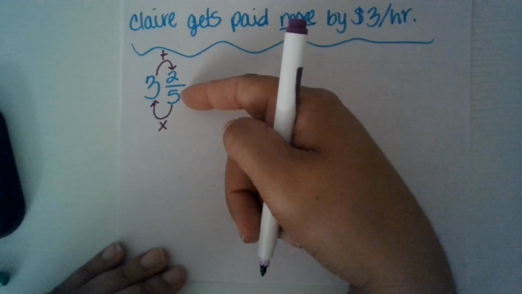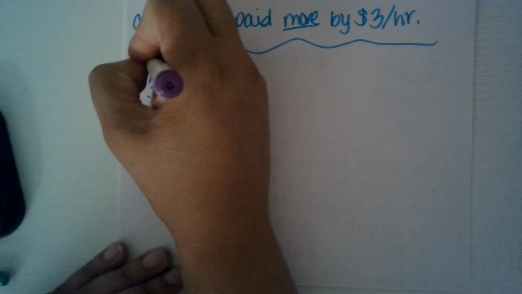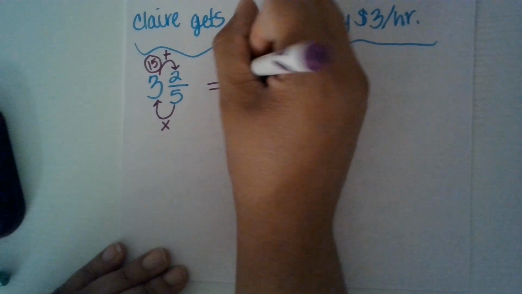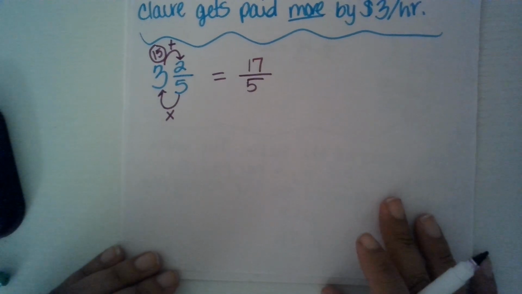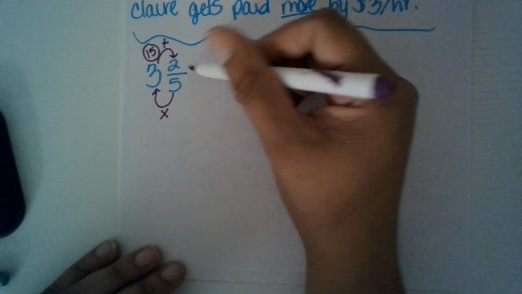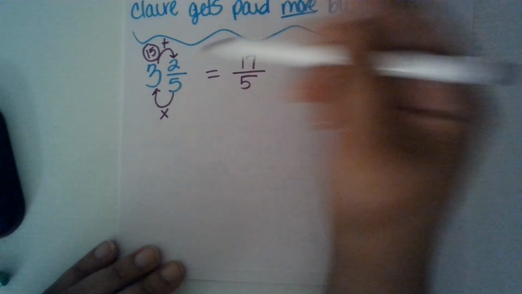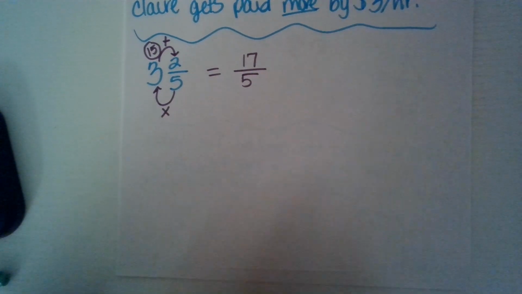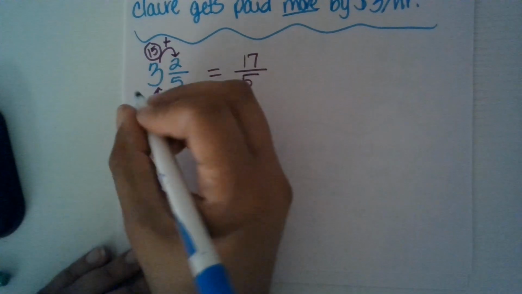So, 5 times 3 makes 15. 15 plus 2 would make 17. So if I wanted to use Desmos and it doesn't track your mixed number, you can always change it to an improper fraction. So I'm going to do another one.